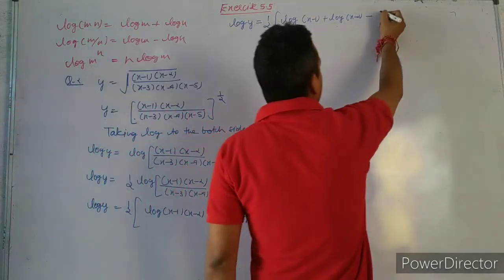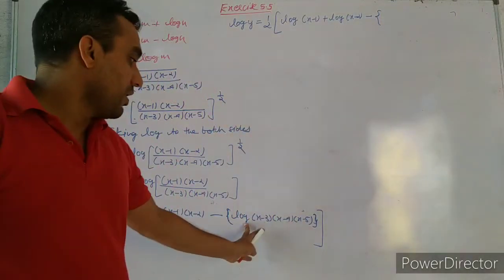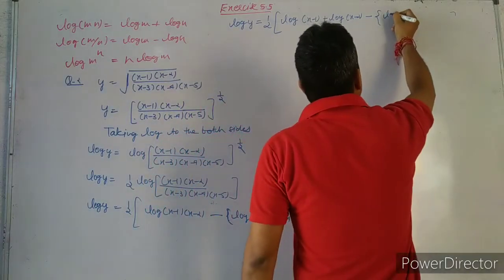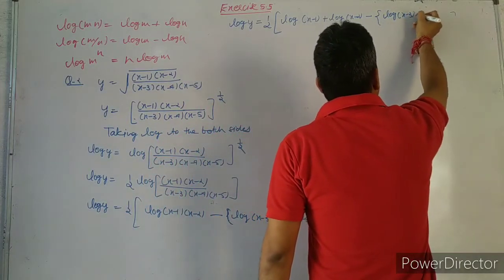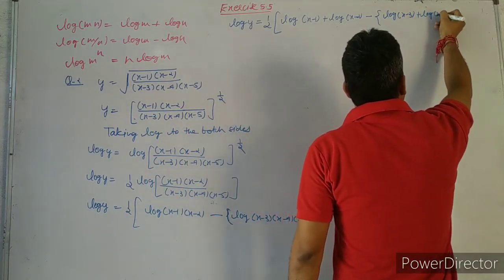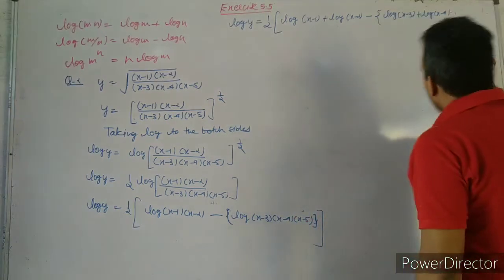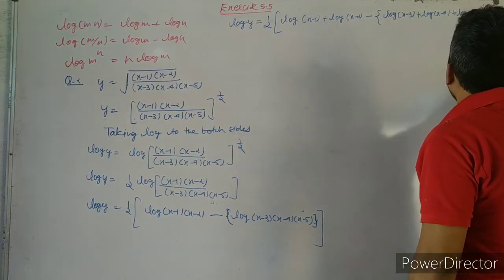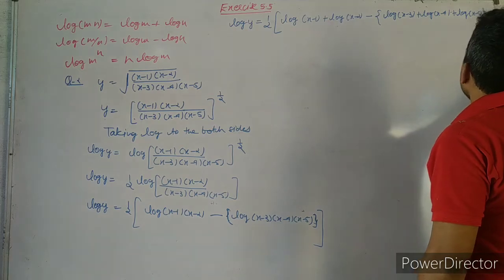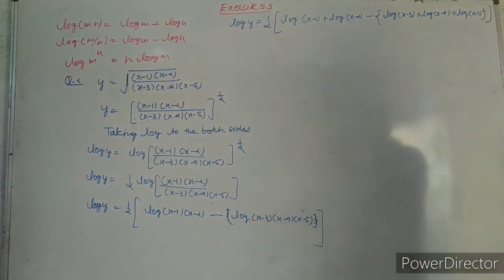Now I am placing a medium bracket: log (x minus 3) plus log (x minus 4) plus log (x minus 5), closing this medium bracket and the large bracket.